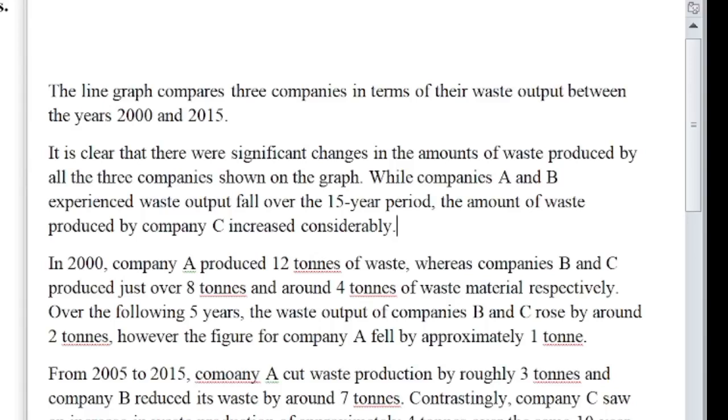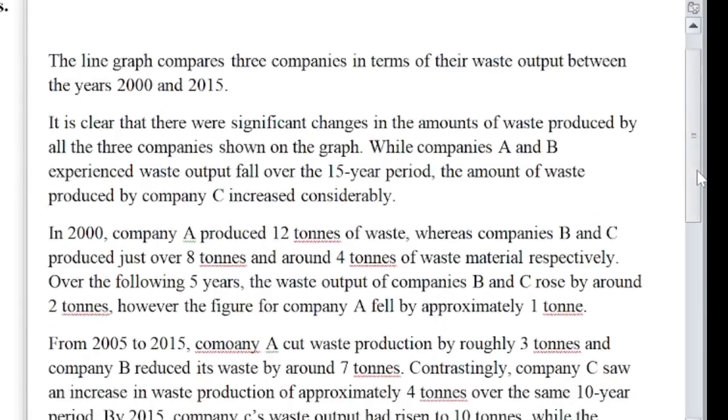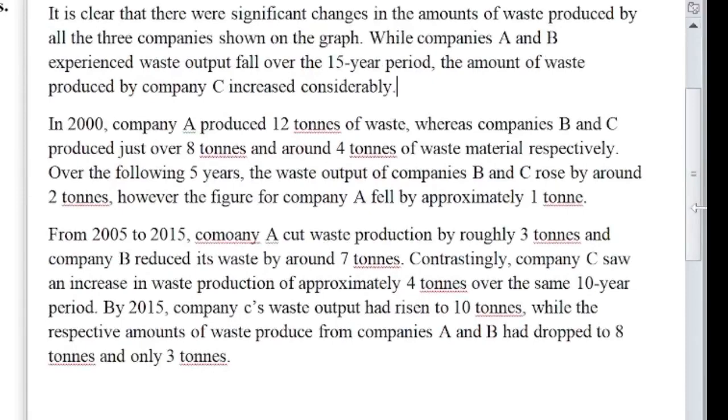Increased. Then with years, you don't describe each and every company. Remember the instructions were to compare. Comparing is very important. So go ahead and talk about 2000 and this 5-year period, and then in the other paragraph you separate it, giving it a logical flow.